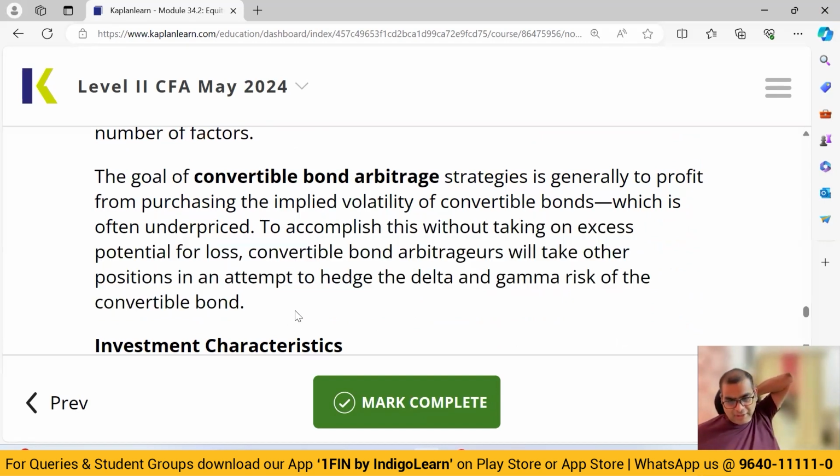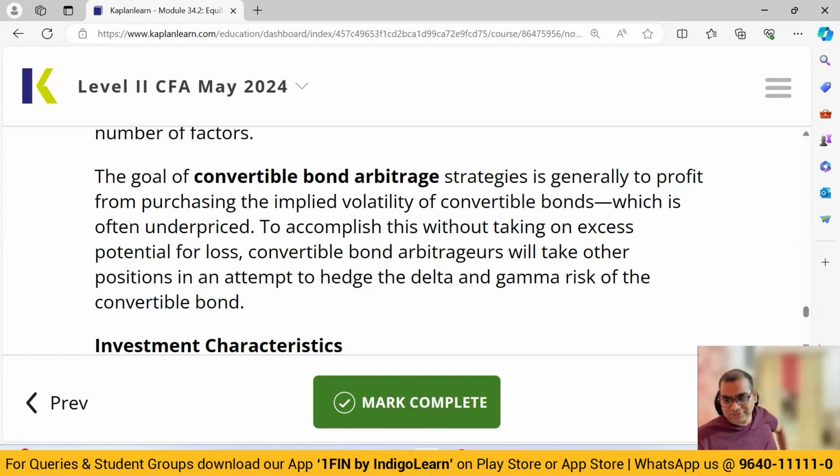So when you're going long on volatility, when you're buying any security, you're basically going long on volatility. Right? Now, when you're in a convertible bond, what is a convertible bond? It's a bond plus an option to buy a share. Correct? Yeah. Options have volatility. Correct?